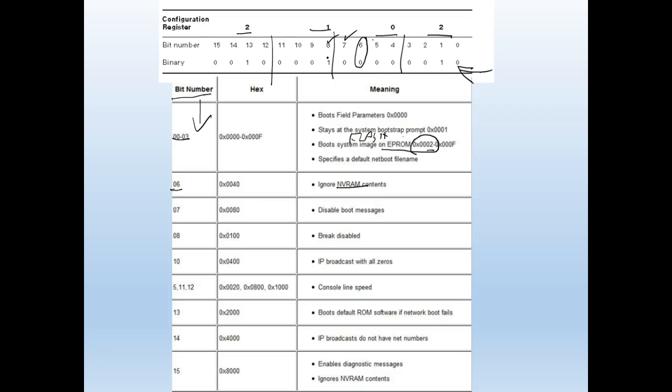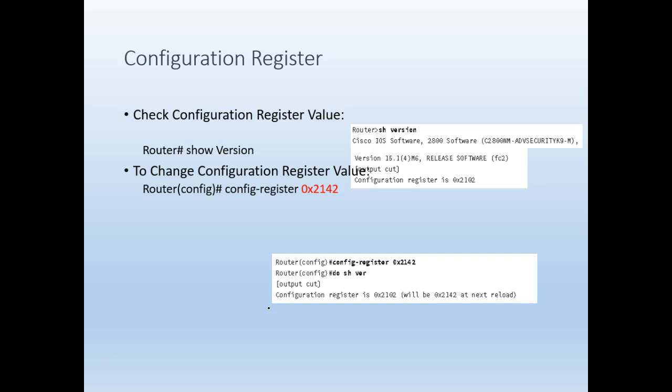What we're going to do is tell it to ignore NVRAM, so what we're really going to do is change bit 6. I believe we'll see that when we get there. Yep, 2142. 2102 is the standard, the one that you look for.